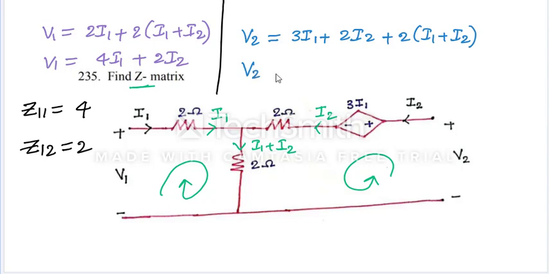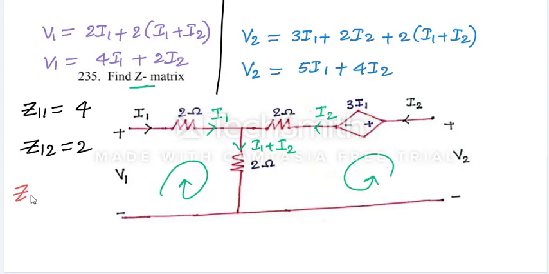So from this V2 is equal to 5I1 plus 4I2, isn't it? So this is also a standard equation. From this we can write the remaining Z parameters now.